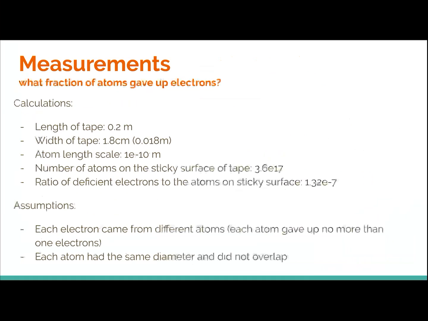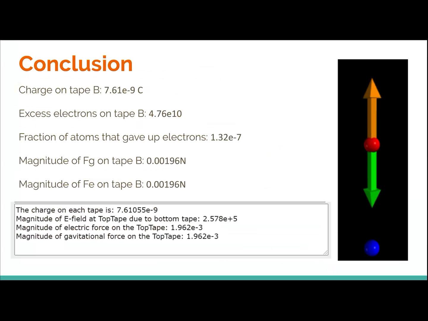To calculate the fraction of atoms that gave up electrons, I calculated the number of atoms on the sticky surface of the tape using the area of the tape and atom length scale, and then divided the deficient electrons by the number of atoms on the surface, which turned out to be 1.32 times 10 to the negative 7. For this calculation, I had to assume that each atom gave up no more than 1 electron and each atom had the same diameter and never overlapped.